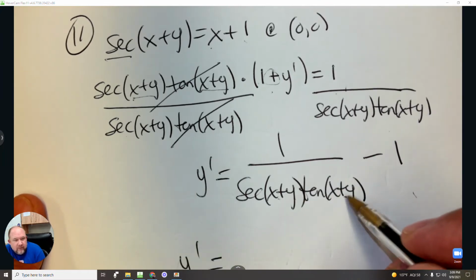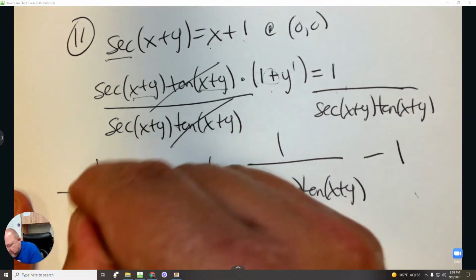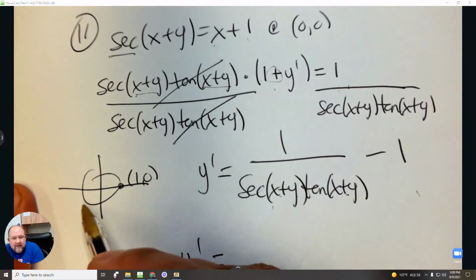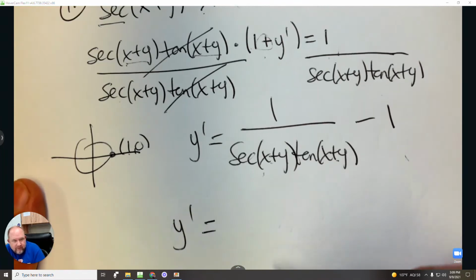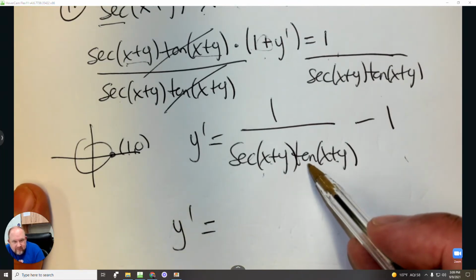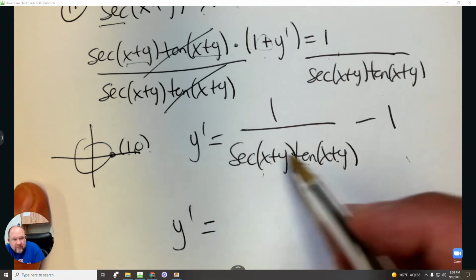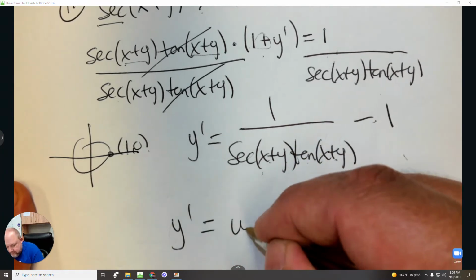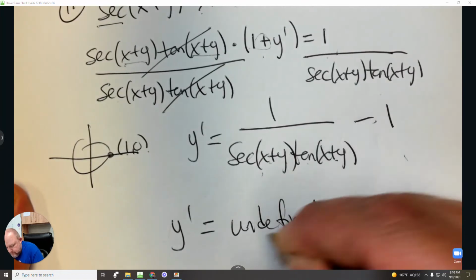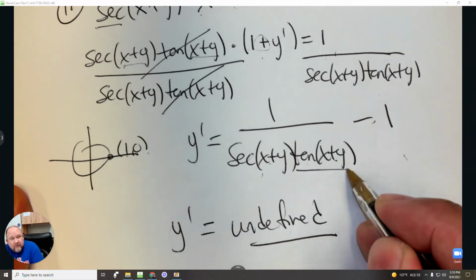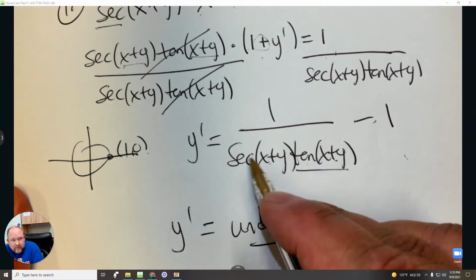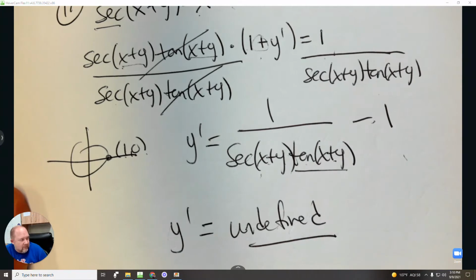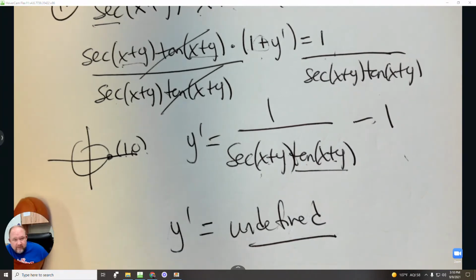So 0, 0 means I need to know at the angle 0, secant is equal to 1, the reciprocal of the x, but tangent at 0, y over x, is equal to 0. This is undefined. And it's done. Because this answer is 0, 0 times whatever is 0, so it's 1 divided by 0, take away 1, the answer is undefined. So the derivative is undefined.